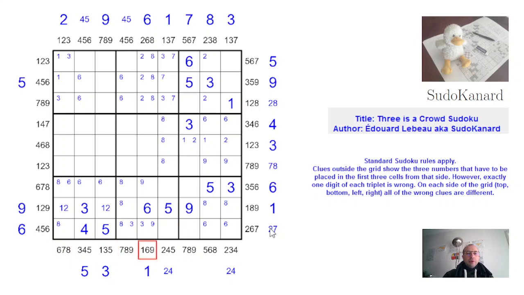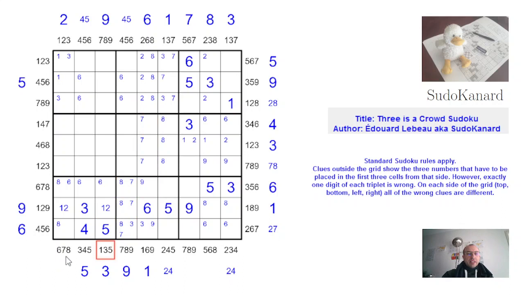On this side of the board, the liars must be from 6, 7, 8, 9. I'm saying that this 9 here is correct, so the lying 9 can only be here. So that 7 and 8 are correct. So 8 has already been pencil marked. I'm adding the 7, and there will be a 7 in this region.